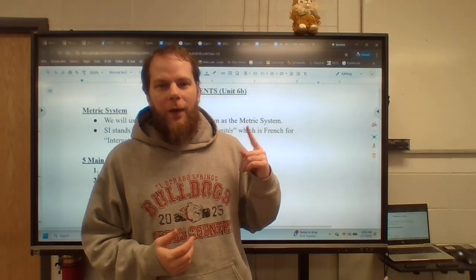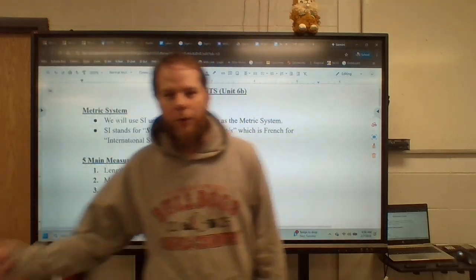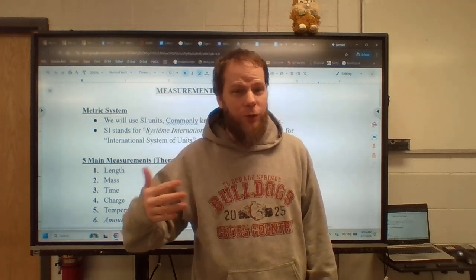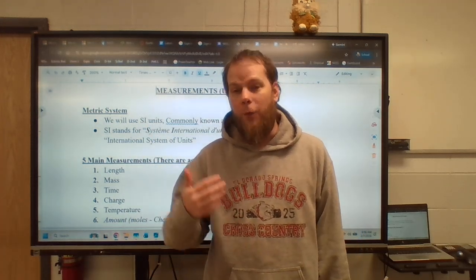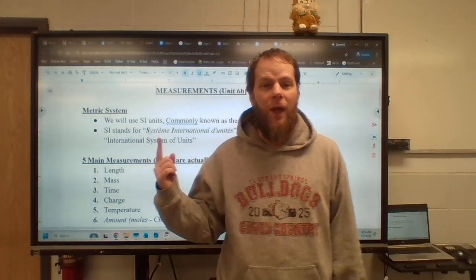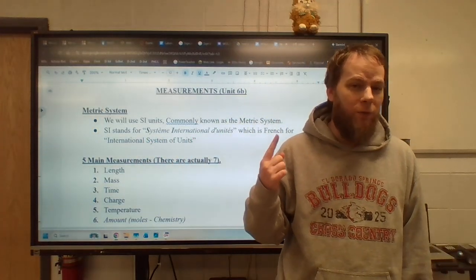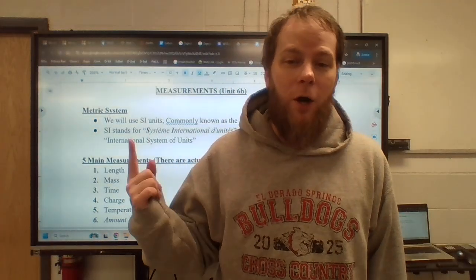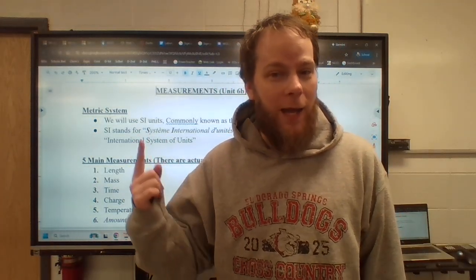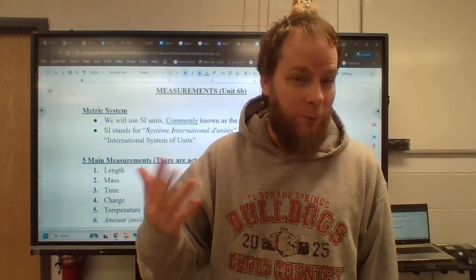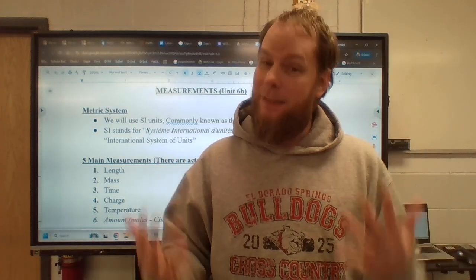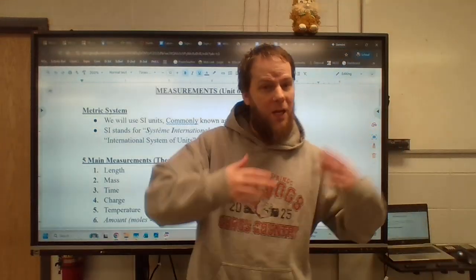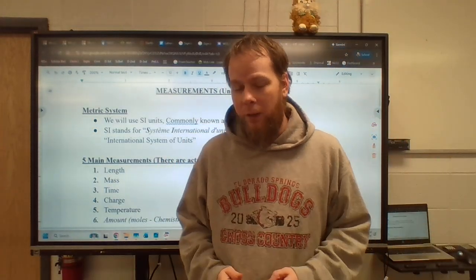SI is from the actual name from those who created it, which is the Système International des Unités, which is French for the International System of Units. So we call it SI instead of IS in homage to the fact that it is French, not English. So I'll be using SI system and metric system interchangeably.